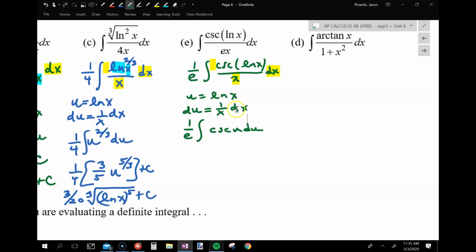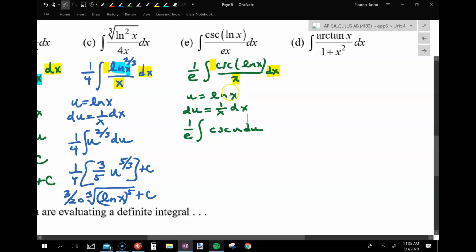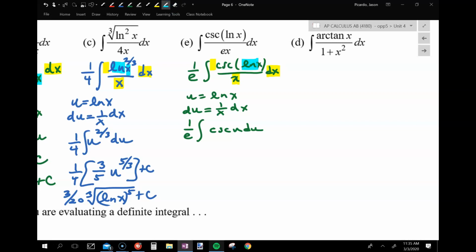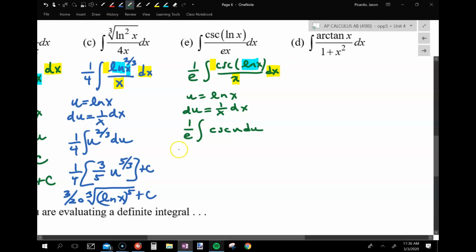I fixed it, okay? So yeah, the derivative of this is clearly 1 over x dx. There's my substitution for du, and here's my u. Better? So this brings into consideration what we did in the last special case, right? So now we have 1 over e, and this is one of the ones that we just got to know, right?